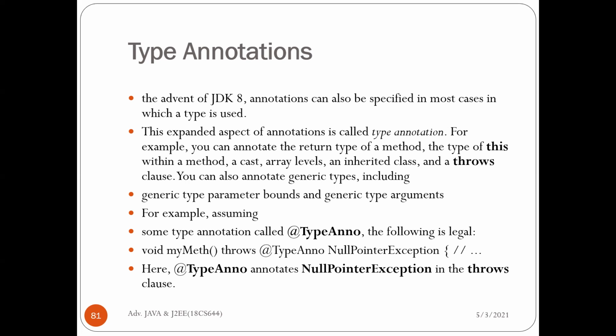So this @TypeAnno is some type annotation that we can apply on the return type as well as the throws keyword. Here you can observe in this particular example, the TypeAnno annotates the NullPointerException which is present in the throws clause. Again, this is defined in JDK 8.